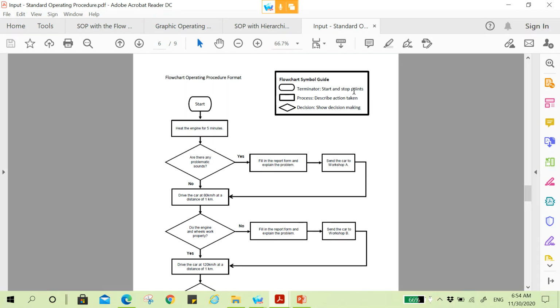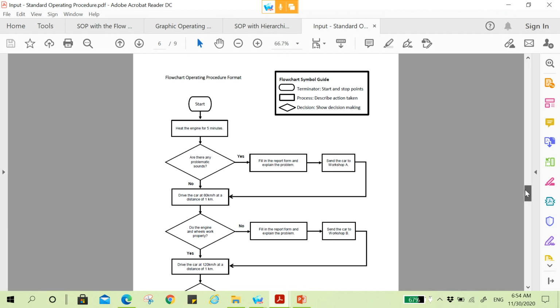And then next, we have a rectangular here. This is for you to explain or describe the action taken, or you can also think of it for process. And then we also have a diamond here, which you will need to use to show your decision or your decision making.